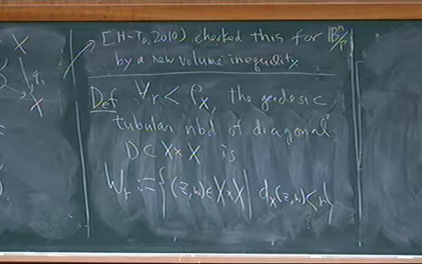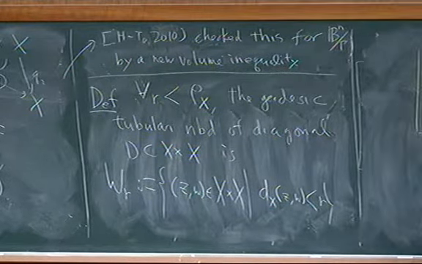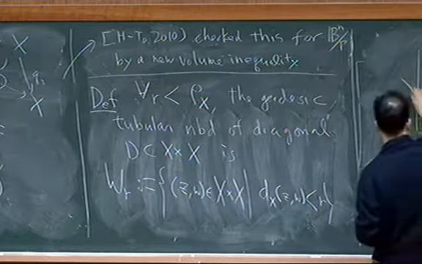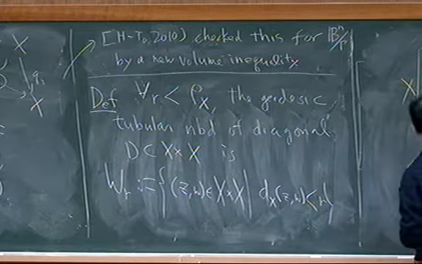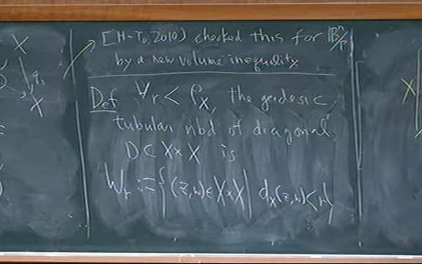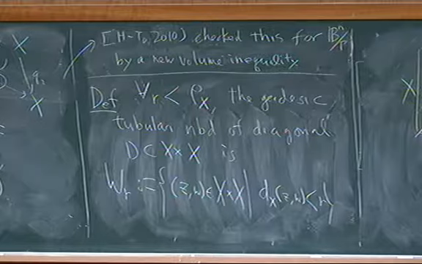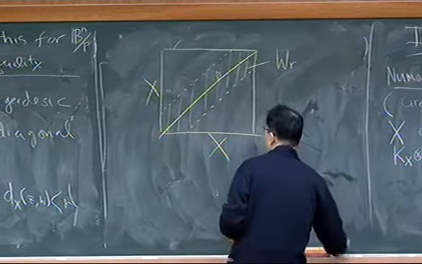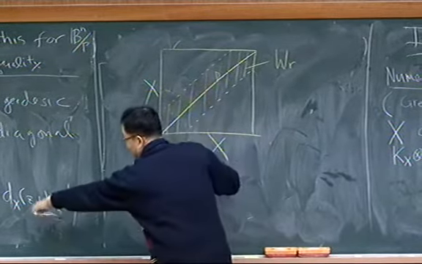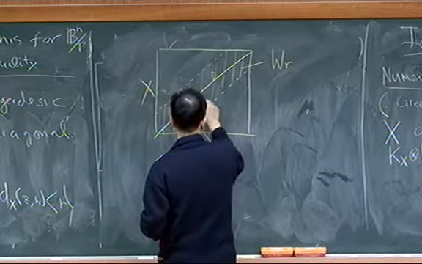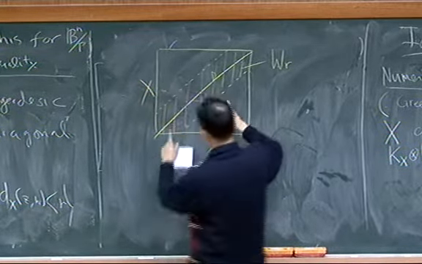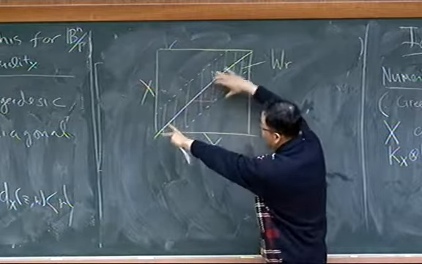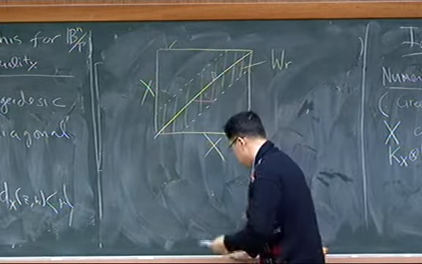So here the setting is we are looking at X cross X, and we have the diagonal, and I'm looking at some tubular neighborhood of this diagonal. So this is W_R, and the definition is that the distance between two points is less than R. So this is R. So I'm looking at this tubular neighborhood.